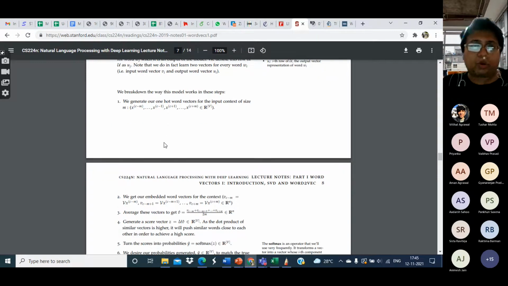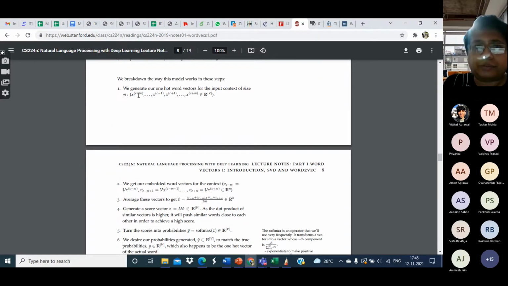Okay. Now what we do is we generate the one hot encoding vector of this. We know what we mean by one hot vector. Each of these word tokens is to be represented by a V-dimensional vector, where if this word token is associated with the kth word in the vocabulary, then the kth position will be 1.